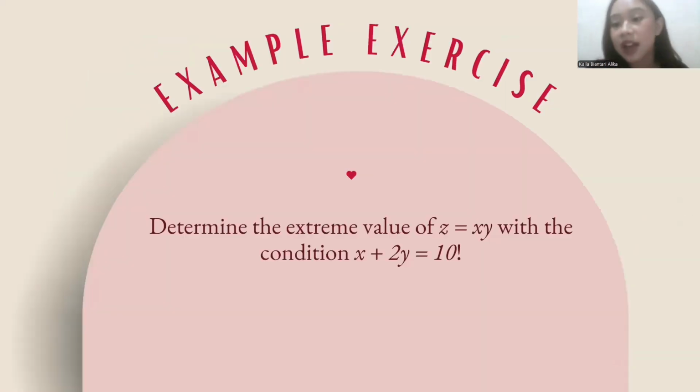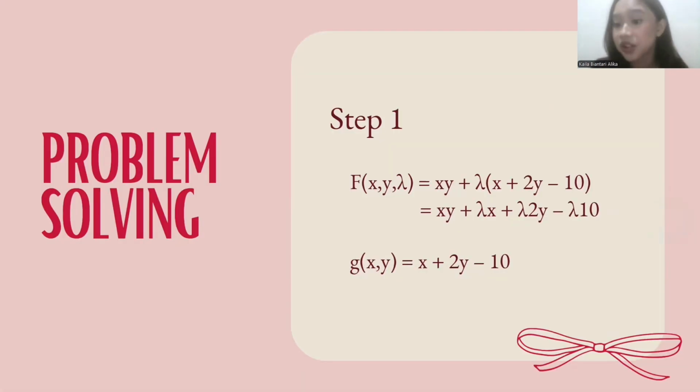Now let's try an example to understand how the Lagrange method works. We want to determine the extreme value of c equals xy with the condition x plus 2y equals 10. The objective function, which is the function we want to maximize or minimize, is this one.